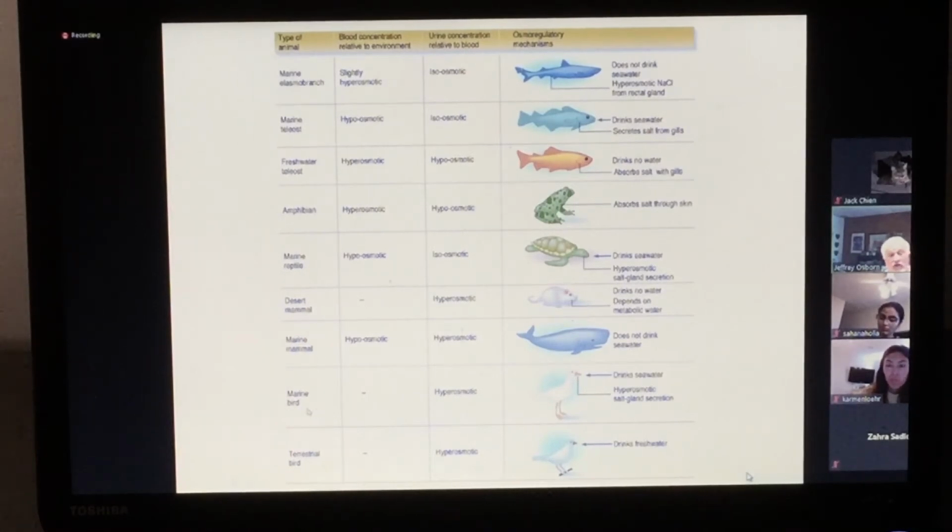What if you're a marine bird and you drink seawater? How do you get rid of that excess salt? Well, they have salt glands in their nose to get rid of their salt.